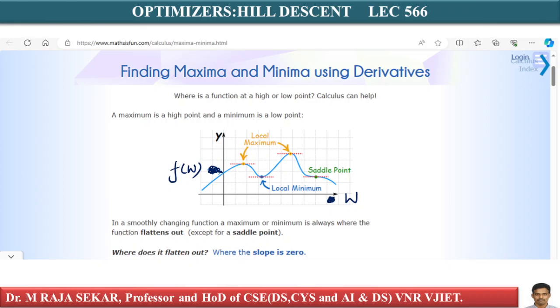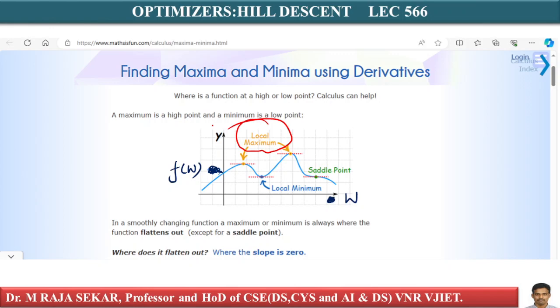Let's say this is your local maxima. This is your local maxima, because maxima can occur at many places, and that's why I'm calling it local maxima.